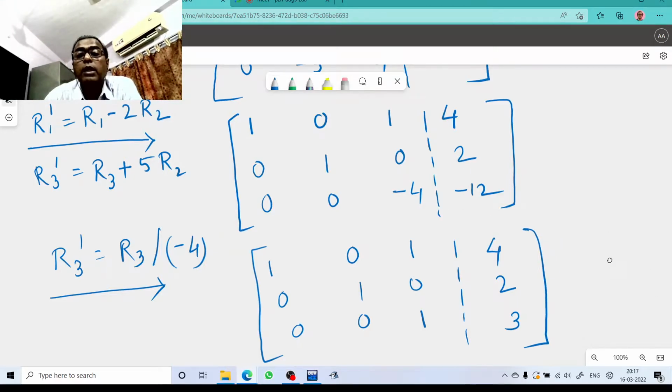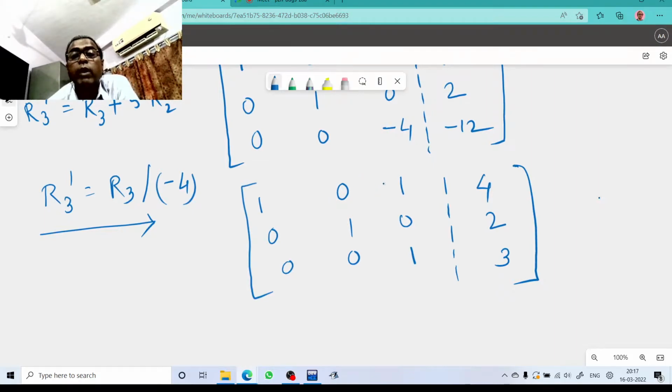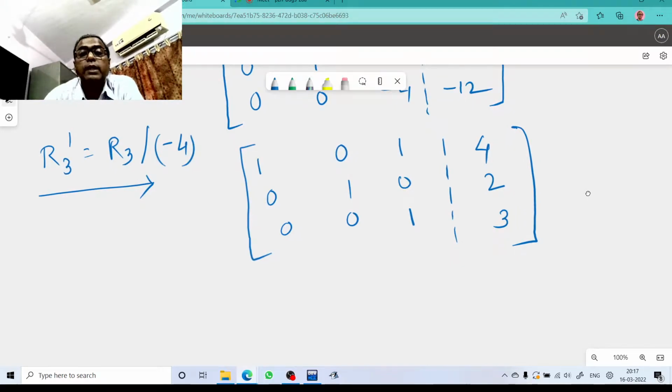Now this 1, that is the 1, 3 position, we want to get 0 in this position. To eliminate this 1, we apply the next operation, R1 dash equals R1 minus R3.